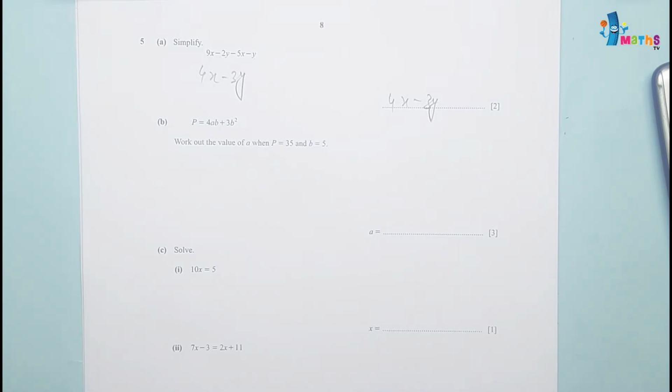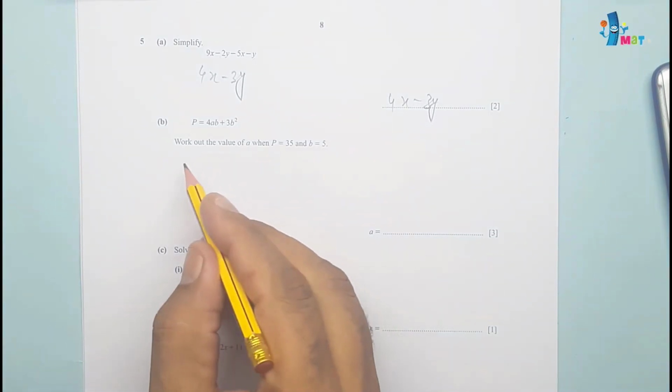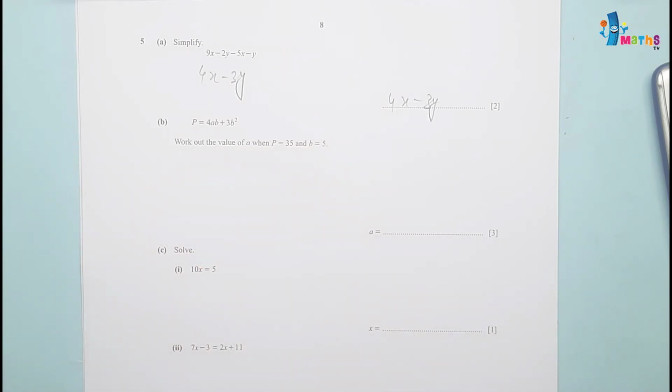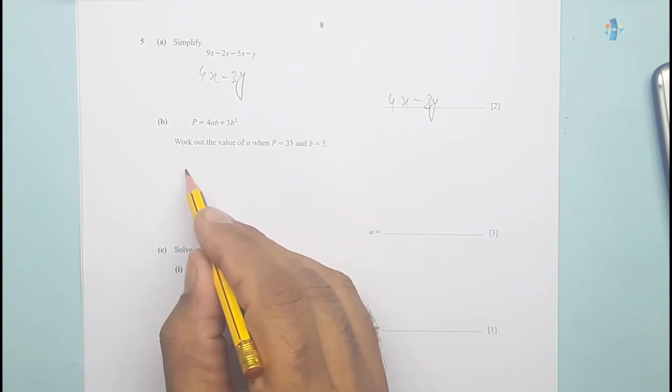Then B part, values are given. We have to work out the value of A. Work out the value of A, P is 35.